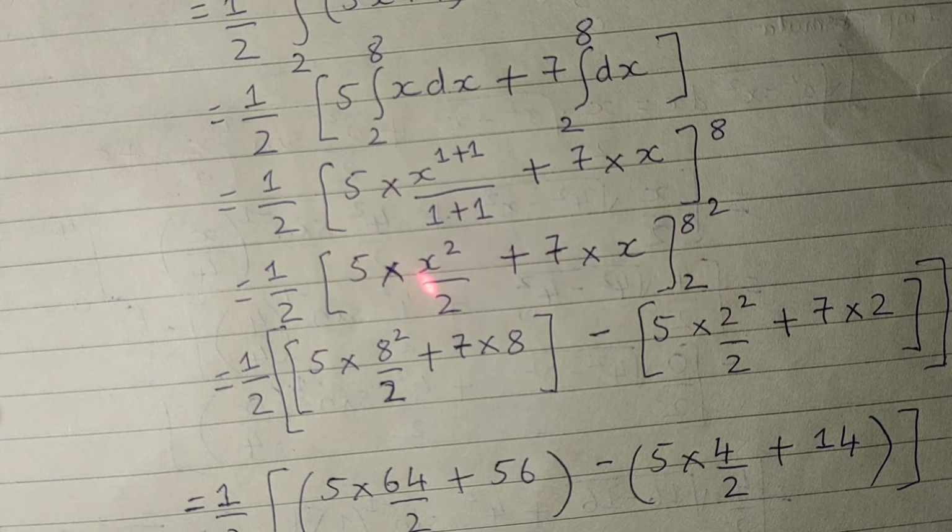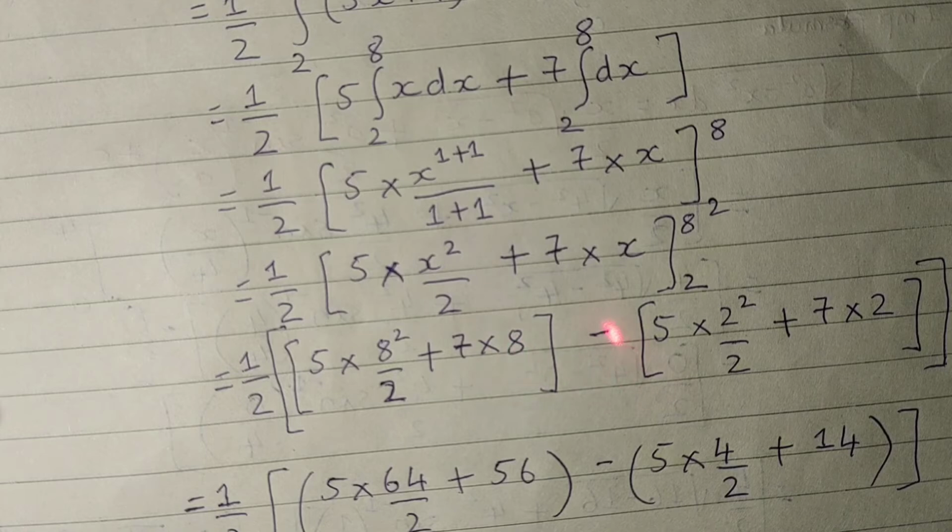Instead of x we will be putting 8. So here x square, instead of x we put 8 square divided by 2, plus 7 into x, instead of x the upper limit 8.